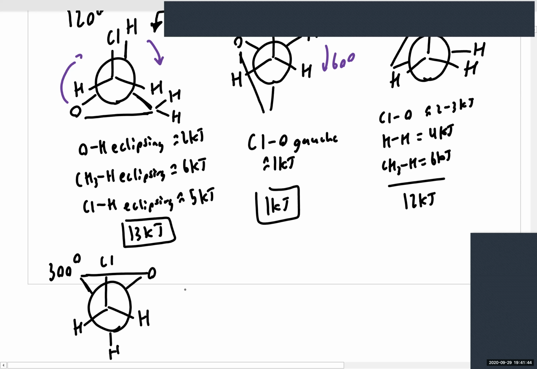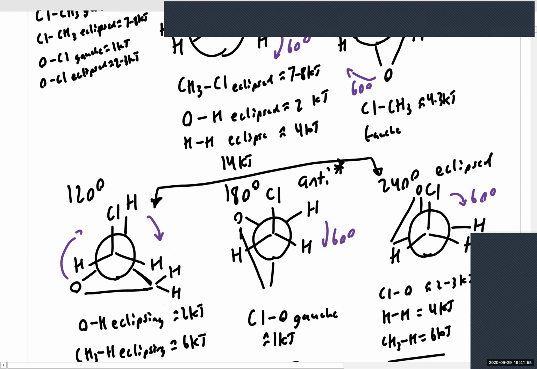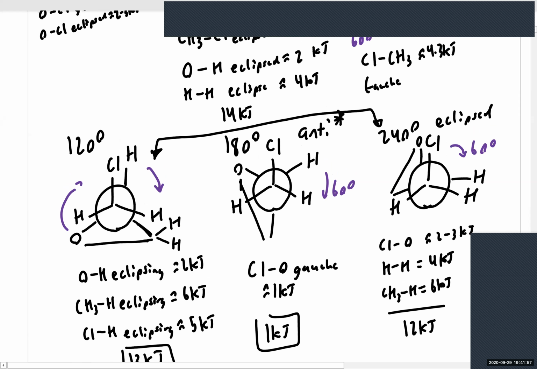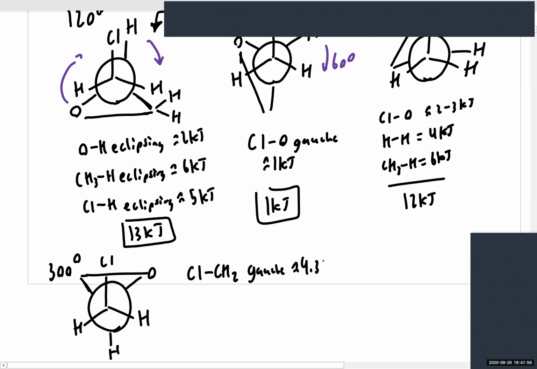And in terms of interactions, we have a chlorine methylene gauche interaction, which we estimated to be around 4.3 kilojoules.